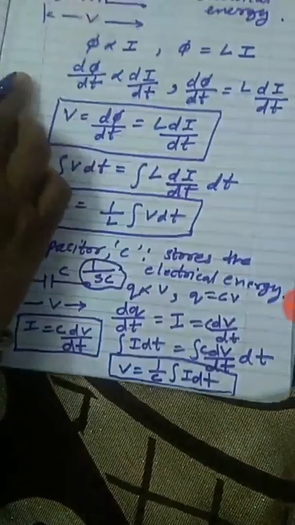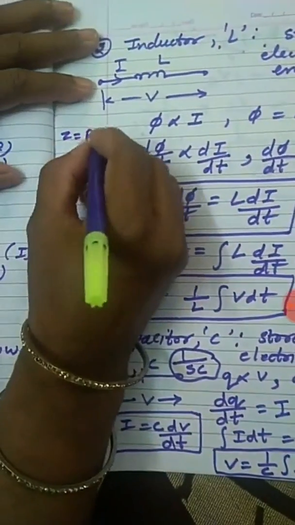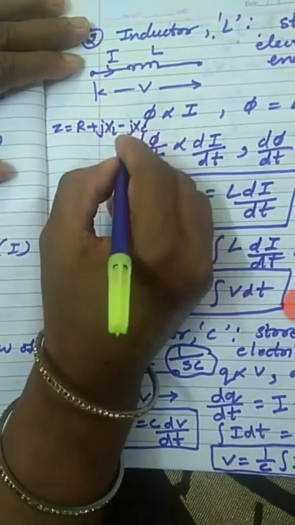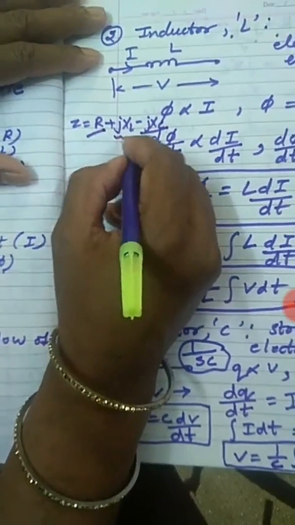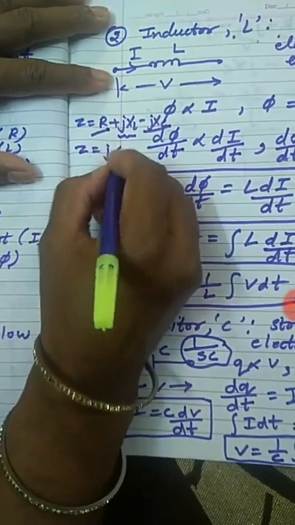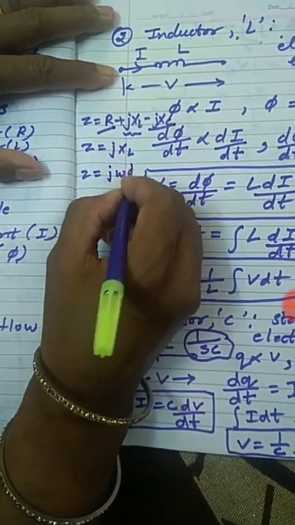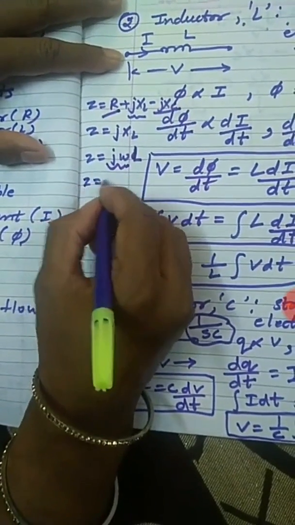Similarly for the inductor, Z equal to R plus JXL minus JXC. Since capacitor is not present here and resistance is also not present here, so I am taking only this term, Z equal to JXL. The value of XL is omega L. So this J omega is equal to S, so Z equal to SL.